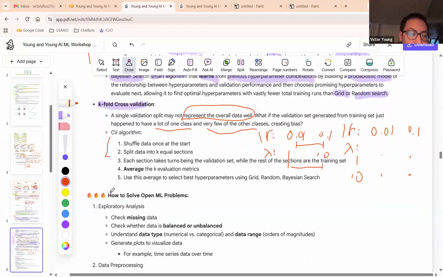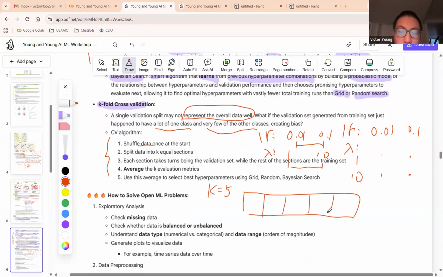Here's the algorithm right here. So first, we should shuffle the whole data once at the start. So let's say this is the whole data. We're going to shuffle it, so it's all random. And then we split it into k equal sections, and usually k equals 5. Then what we will do is we say this is used for validation and this is used for training.